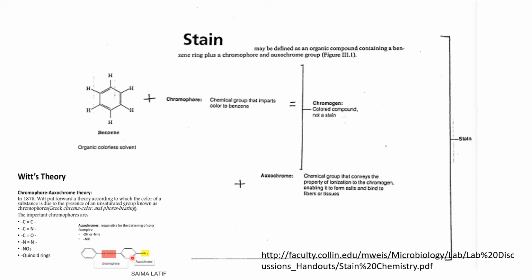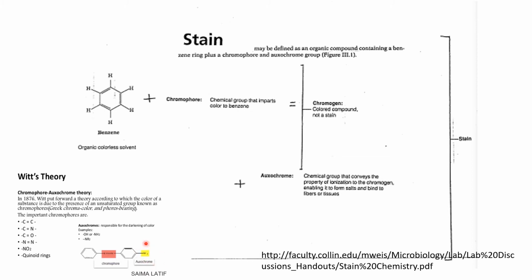So here we have two benzene rings, and this benzene ring is connected by nitrogen, like there's a double bond between the nitrogens. Therefore, this nitrogen group is our chromophore. And then there is another nitrogen here, with two lone pair electrons.